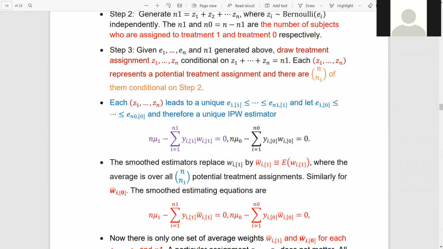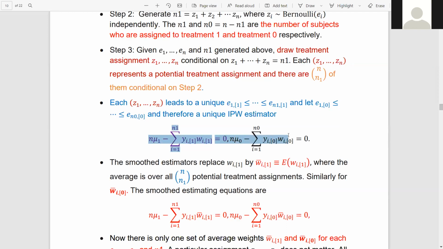Each sequence will lead to a unique order statistic for the treatment 1 group and a unique order statistic in the treatment 0 group. Then it will lead to a unique IPW estimate.